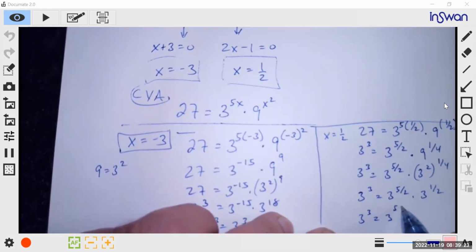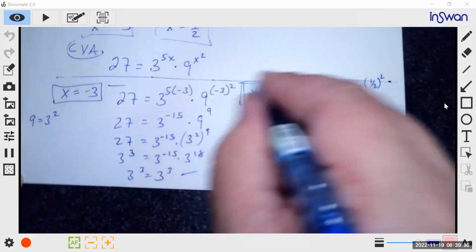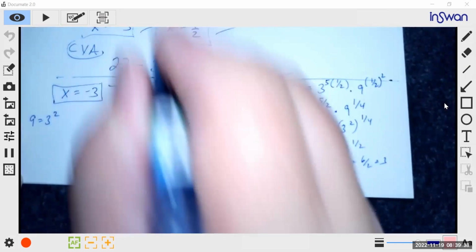Add the exponents. 5/2 plus 1/2 is 6/2, which is 3. So it's 3 to the power 3 equals 3 to the power 3. So it works. They both work. So those are my solutions.